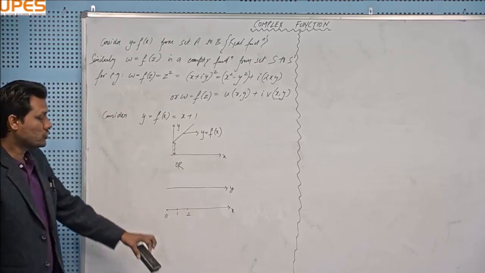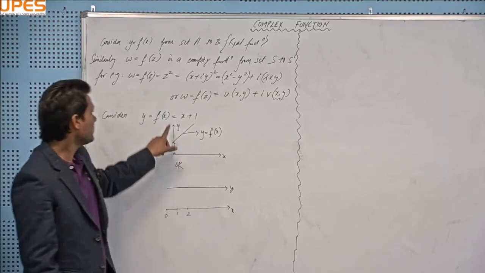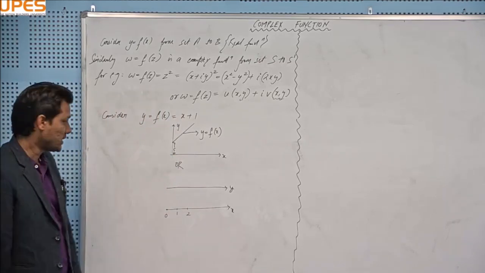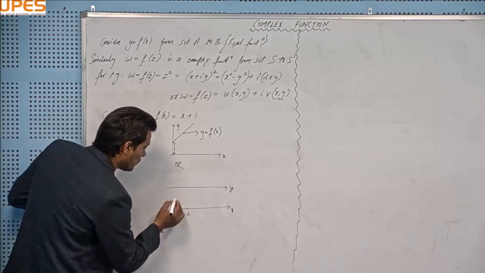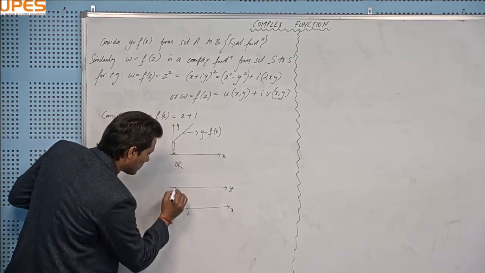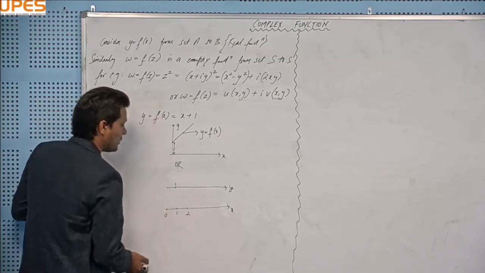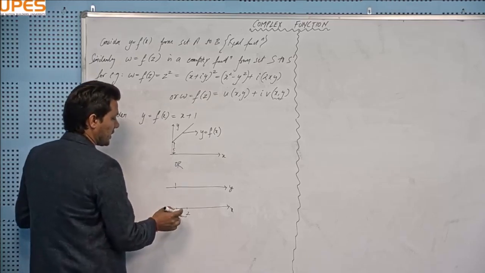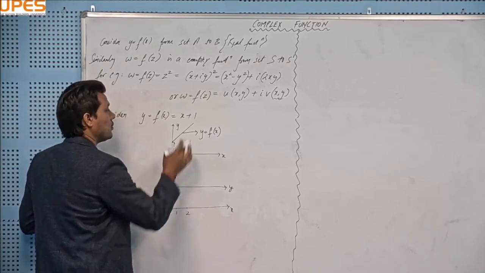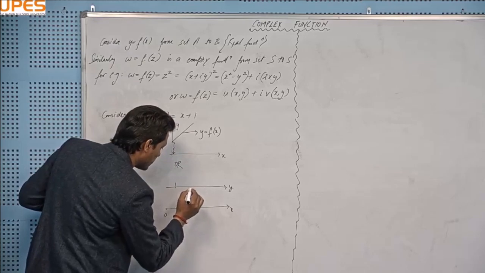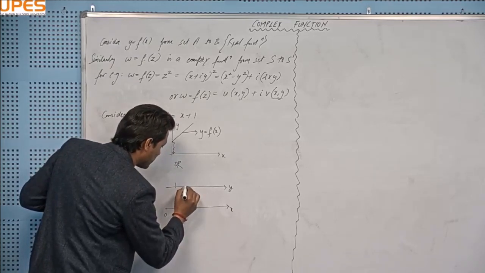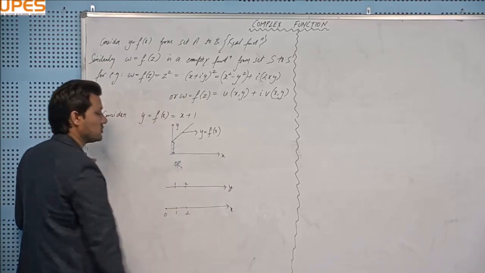So when I input x equal to 0 here, I will get y equal to 1, right. For x equal to 1, y equal to 2, right? And so on, right?